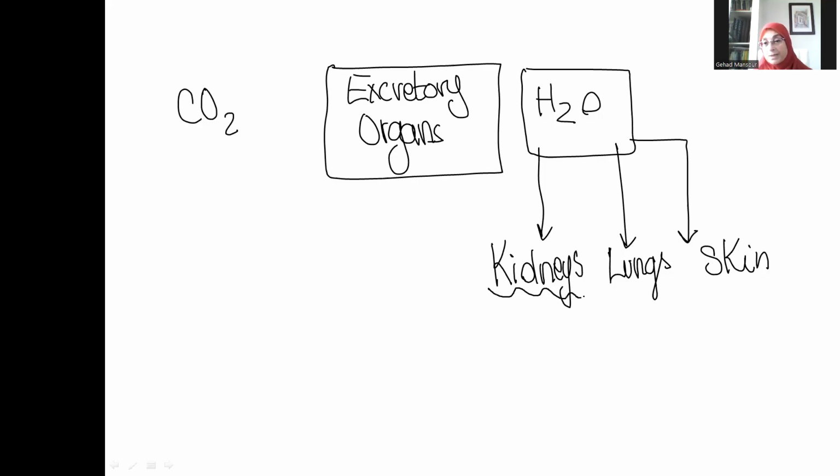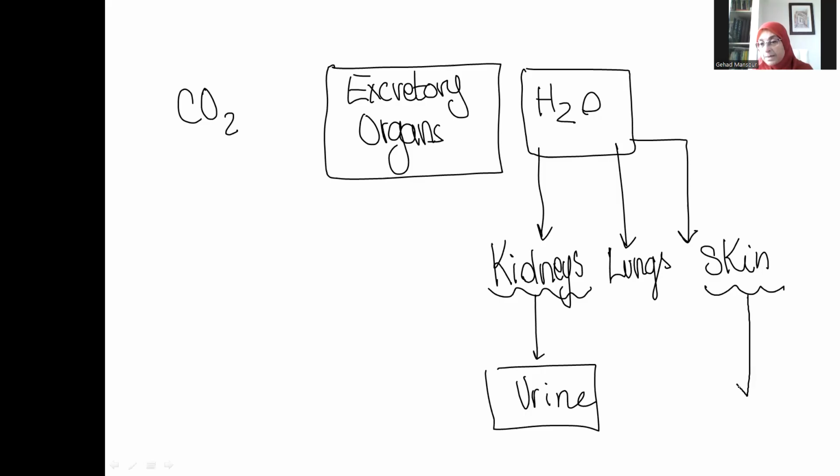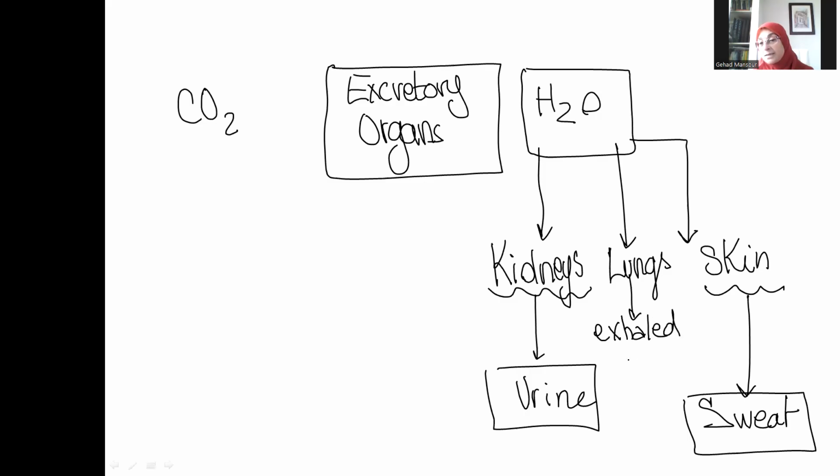Of course, the kidneys excrete the surplus water in urine, whereas the skin excretes the excess water in sweat, and the lungs excrete the excess water in exhaled air.